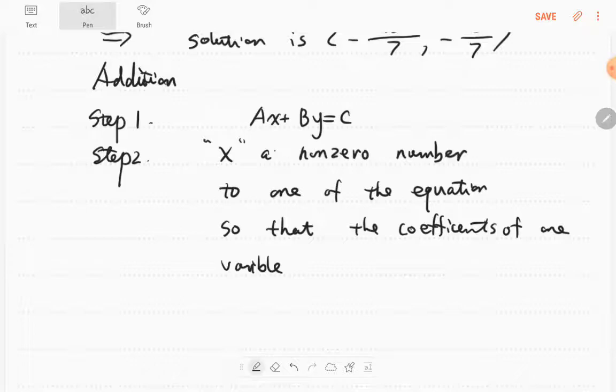In each equation for one variable, for example, for variable y, we will have a coefficient. Second equation, we will also have y, we will have another coefficient. To make these two coefficients of the same variable can be opposites.